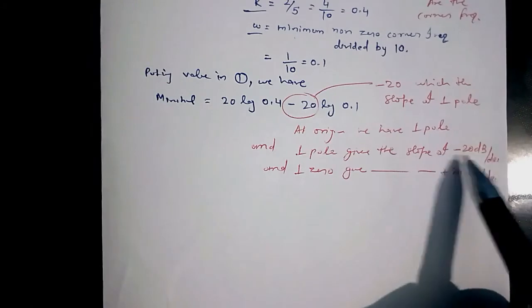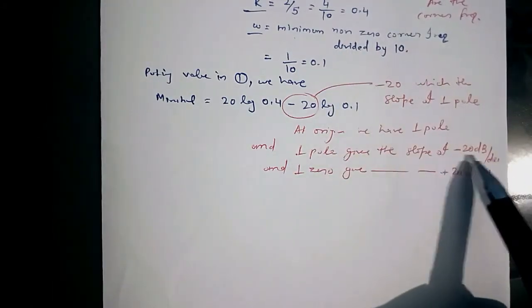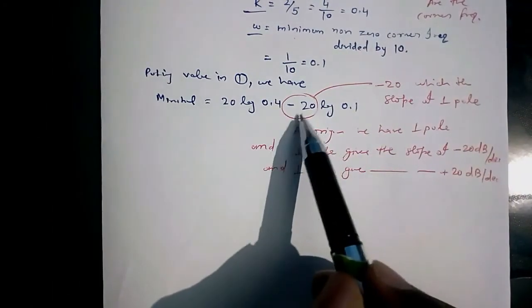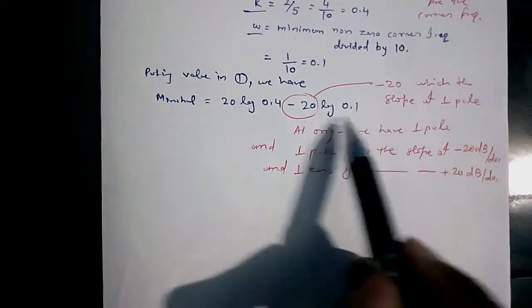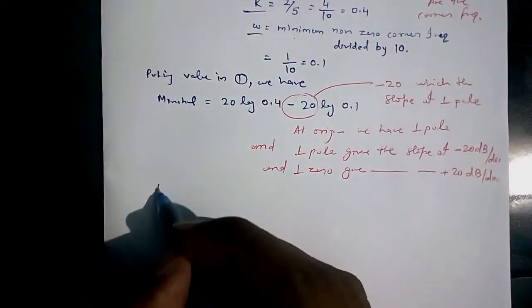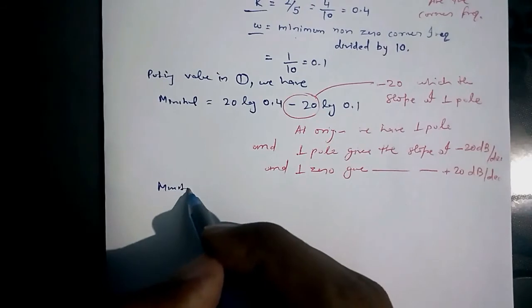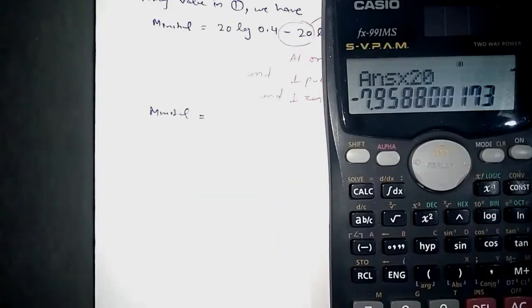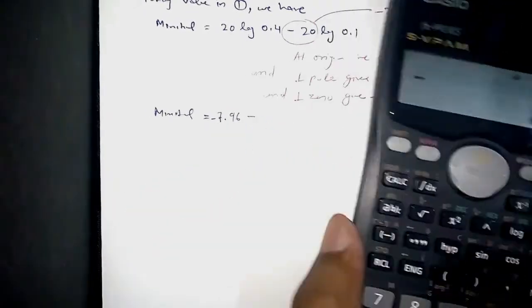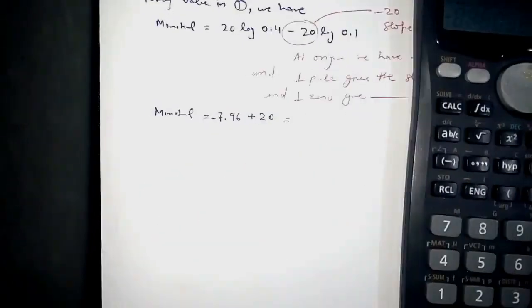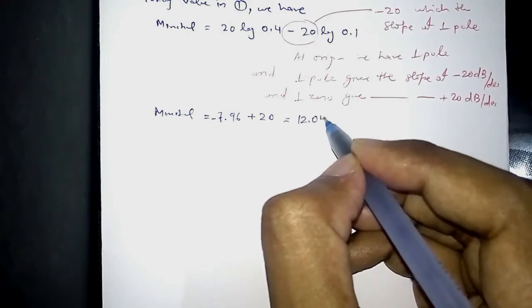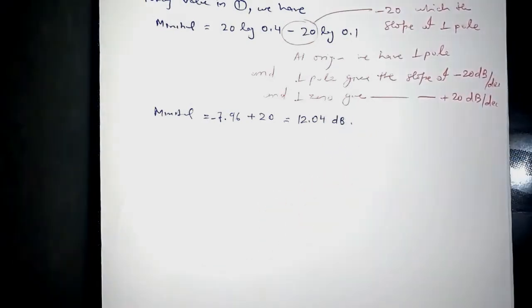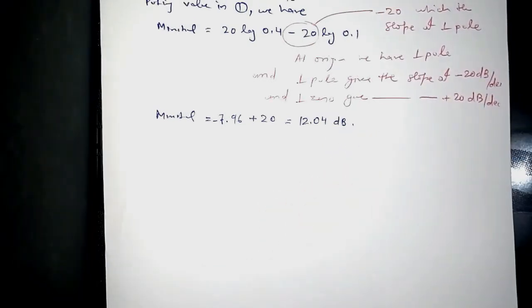So we have one pole at the origin, so we are writing minus 20 dB here. This is the slope at the origin. Now solving this, magnitude initial is equal to 12.04 dB.